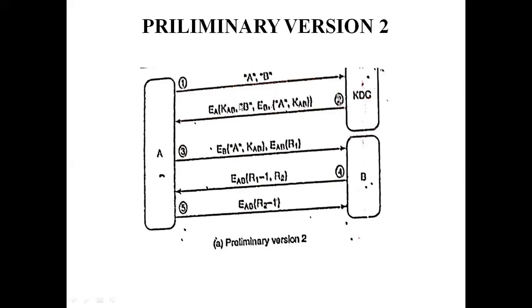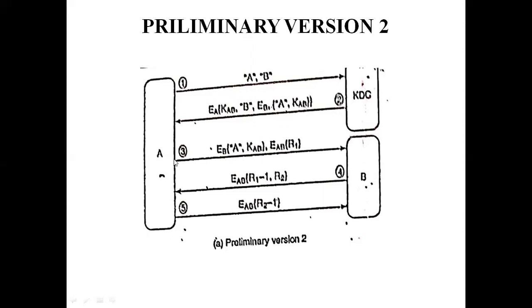In preliminary version 2, message 1 carries the identities of both A and B. In message 2, in response, the KDC encloses the ticket to B, that is EB of A comma the session key K of AB.